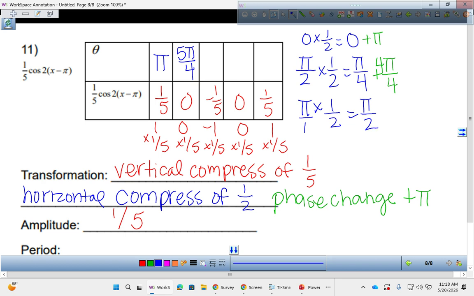I took what was once pi and I cut it in half. Now I want to move it. And since I'm moving it to the right pi, I'm going to add pi. But to add pi, I need common denominators, so I'm going to give this a 2 and this a 2. So it's 1 plus 2, 3 pi over 2.